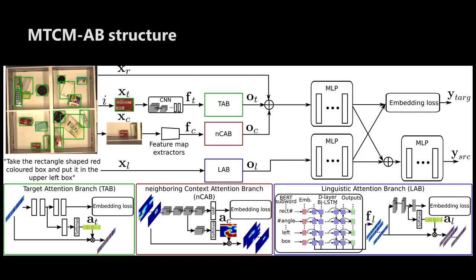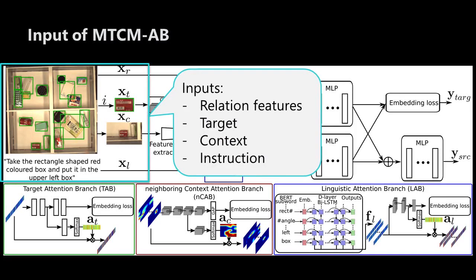Let us detail the MTCM-AB network structure. The visual inputs are the candidate target, heuristic features that characterize the position of the target in the image, and a neighboring context that is an extended cropped image of the target, including its immediate surrounding.